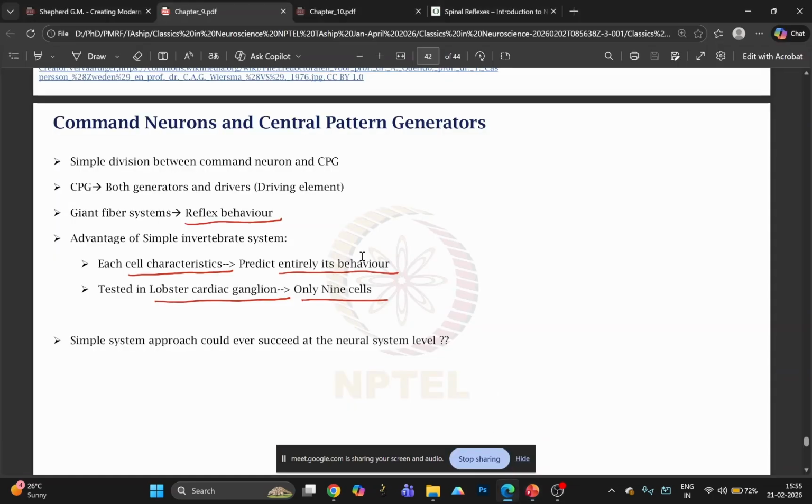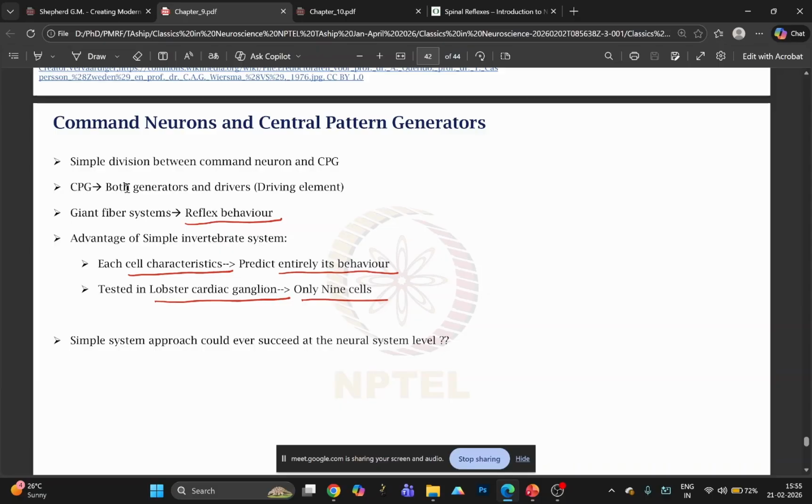Okay, regarding central pattern generators, this is something that is still being studied even now. People are trying to understand what central pattern generators are, how they work, and so on. So central pattern generators are basically those circuits or pathways that are responsible for rhythmic actions.